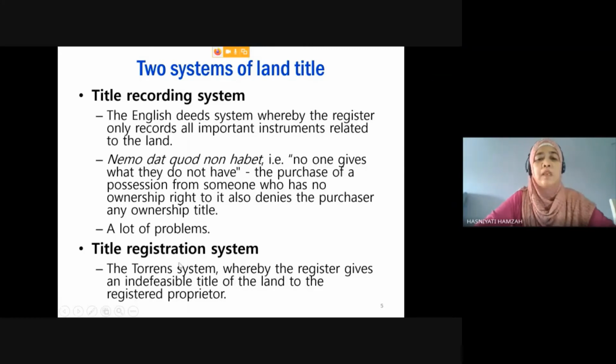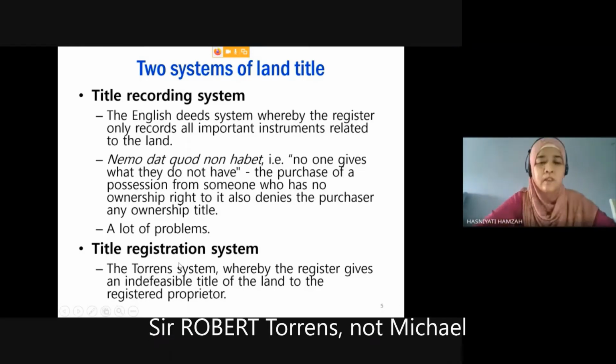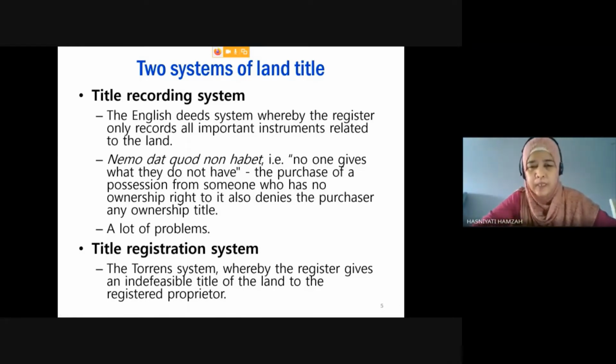And the Torrens system is the brainchild of this Robert Torrens from Australia, a land surveyor who came up with a system which is so simple. He said, now we do away with the deed system. We don't have to check the chain of ownership until time immemorial. What we do is the register is everything. The register tells you who the owner is.